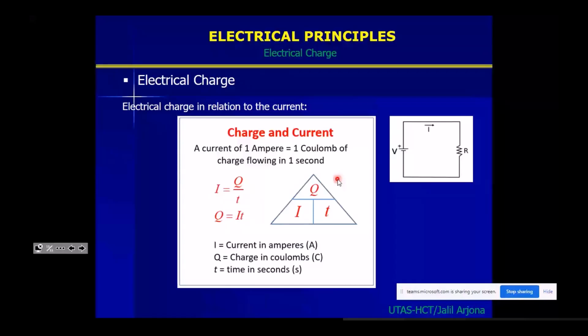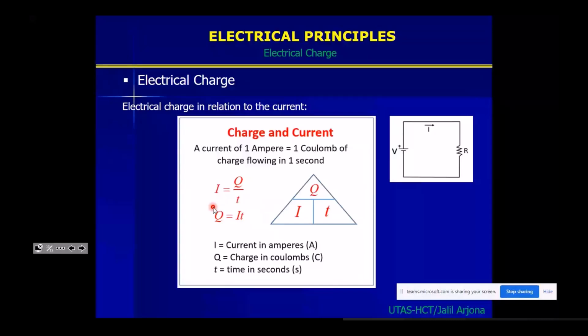Next slide. Involving electrical charge: since there's a current flow, electrical charge is in relation to the current. So what is the relationship of charge to the current? According to this relationship, for every 1 coulomb of charge, the unit of charge being coulomb, with every second, it gives 1 ampere rate of flow of electricity.